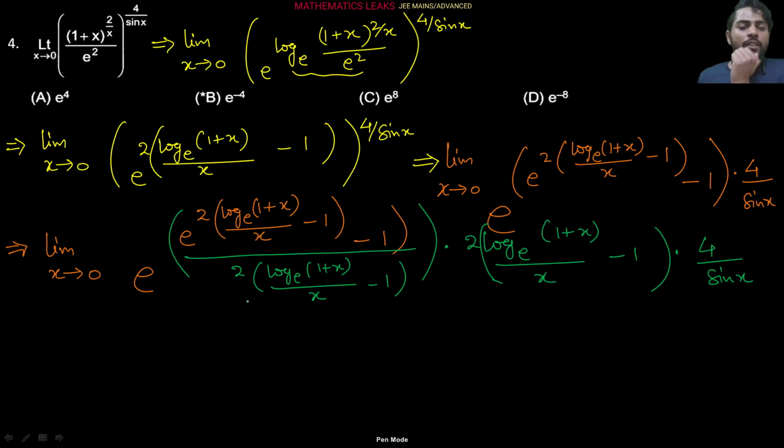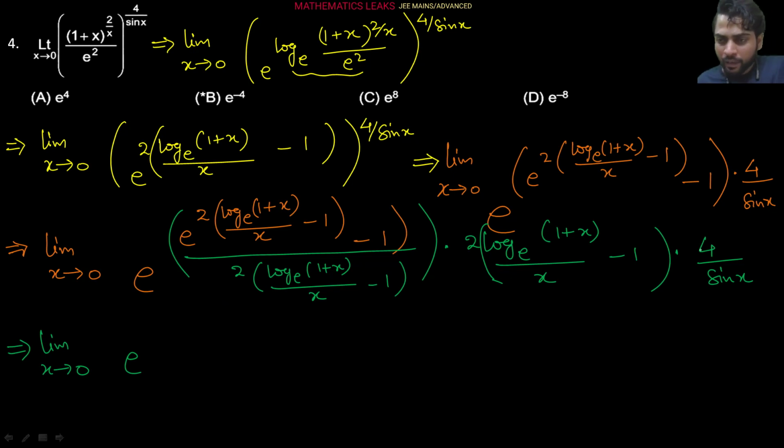Now observe. As already said, this is our f(x). As x approaches 0, this f(x) is tending towards 0. So (e to the power f(x) minus 1) upon f(x), as x approaches 0 and f(x) tends towards 0, is nothing but 1 only. So on applying this limit on this part, that is nothing but 1 only.